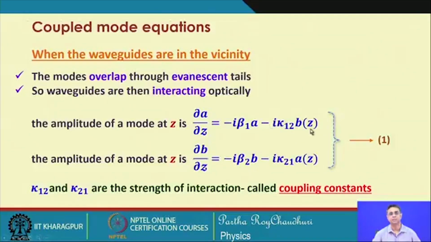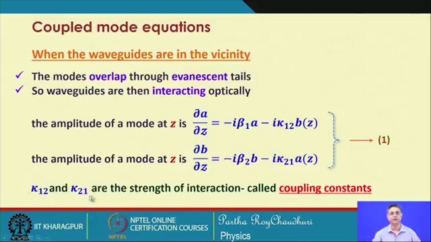The variation in z of the amplitude of A is a function of the amplitude of the wave in waveguide 2. So, this is the coupling term. Similarly, for waveguide 2, you have the coupling term which is due to waveguide 1. These are the coupled mode equations which we have derived, and we have seen where they came from.